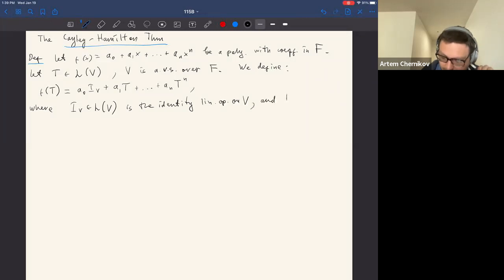And T^n, as usual, represents the linear operator on V obtained by the composition of T with itself.